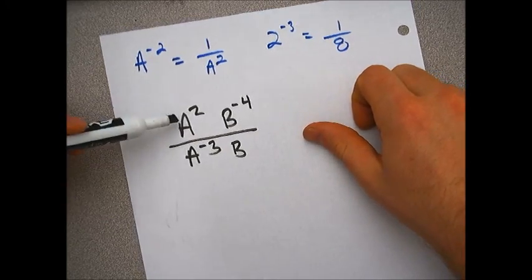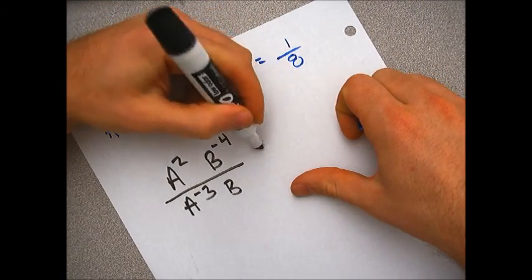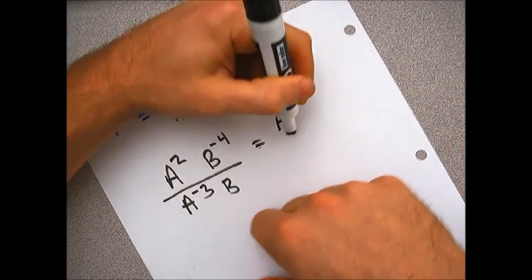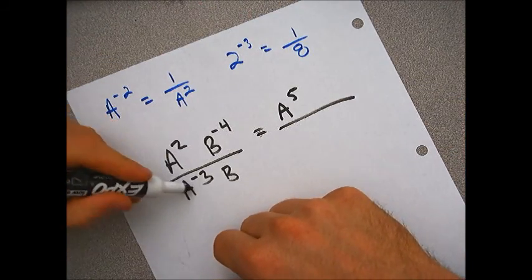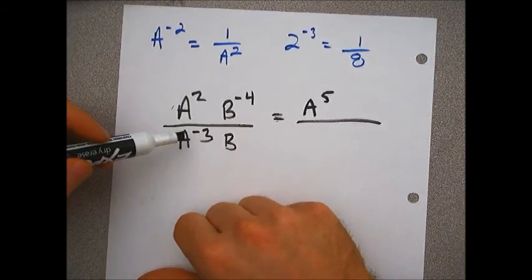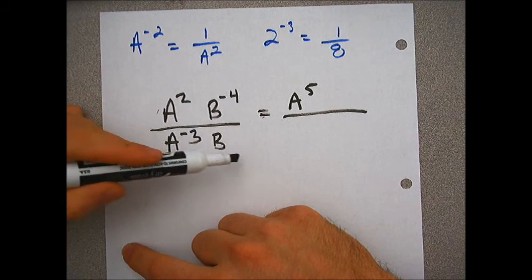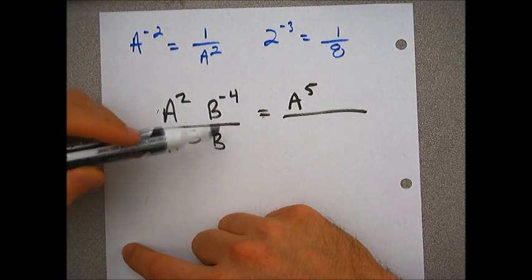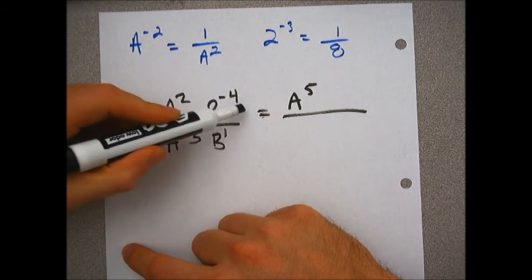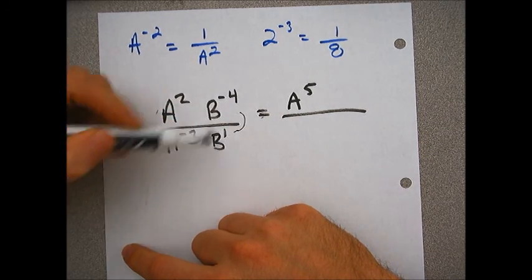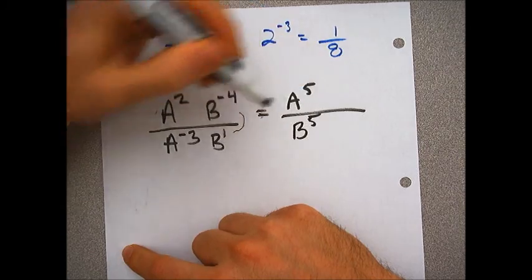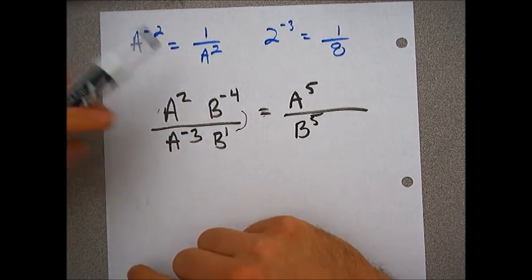Okay, and that gives me a total now of a to the 5. So there's 5 of these now. I had 2 and I brought 3 of them up. In this one here, I have b to the negative 4, and it tells me to flip it down. I already have 1 b right here, and when I bring 4 more of them down, that's going to give me b to the 5th on the bottom.